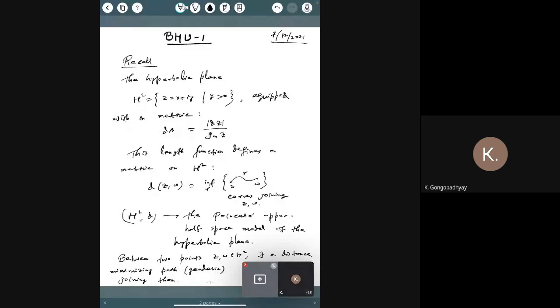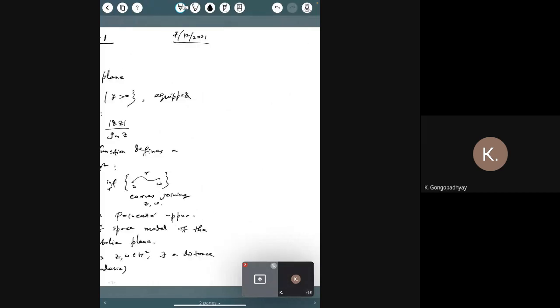So there is a distance minimizing path joining them. All right. So let's not talk about the disk now. I am in the upper half space. So here is my complex upper half space H2.